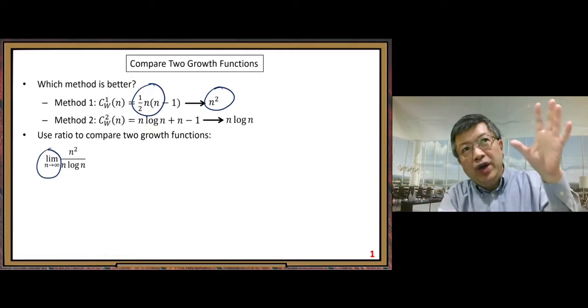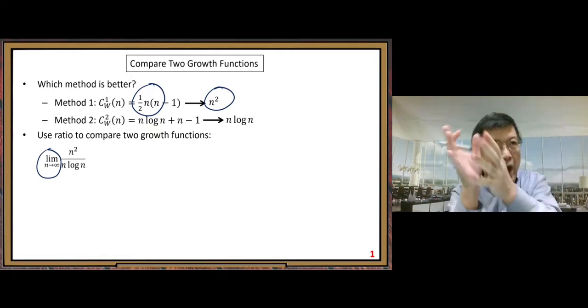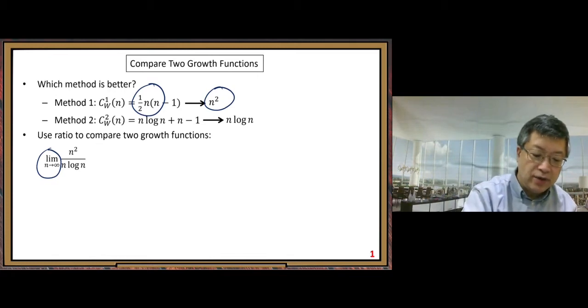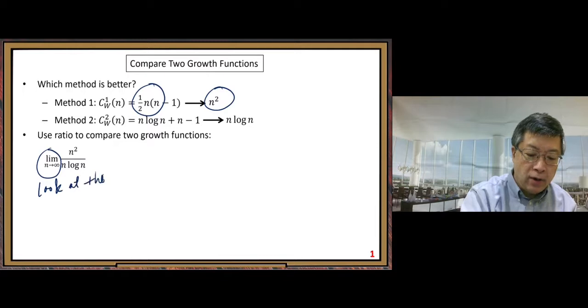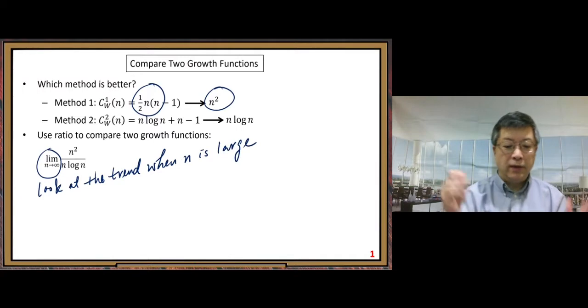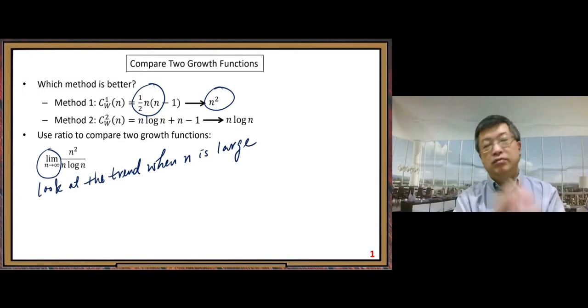Because we want to look at the trend when n is large. That's the reason we take the limit.